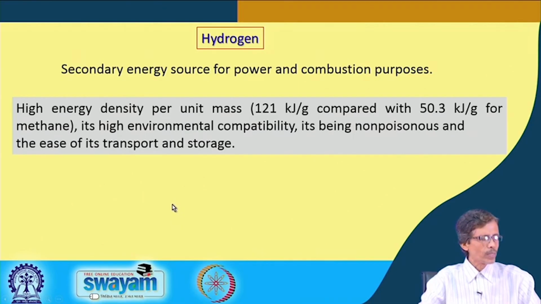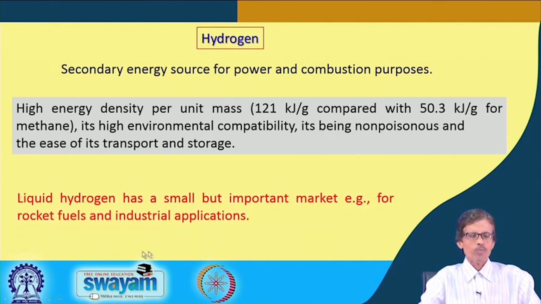But before that, we will see how we can get the production of hydrogen, because this can also be stored in liquid form, and liquid hydrogen has a small but important market.